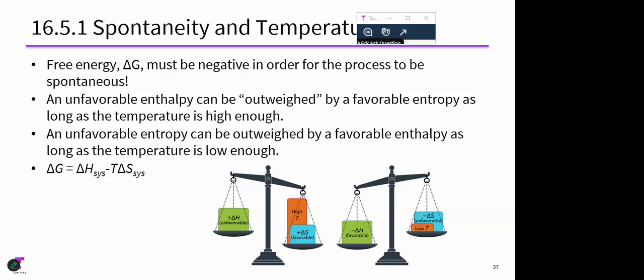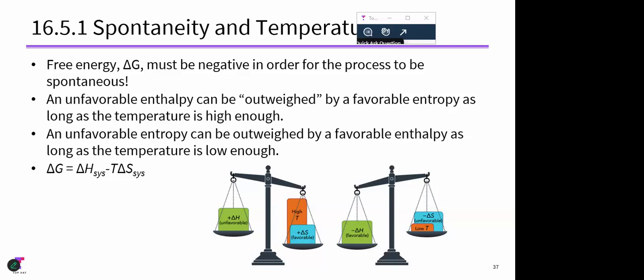Why do precipitation reactions take place? On their surface, we would look at a precipitation reaction and say, well, hold on a second. We have an entropy-disfavorable kind of reaction. Two aqueous solutions coming together and making a solid? That doesn't make any sense. Entropy would be massively negative for that kind of circumstance.